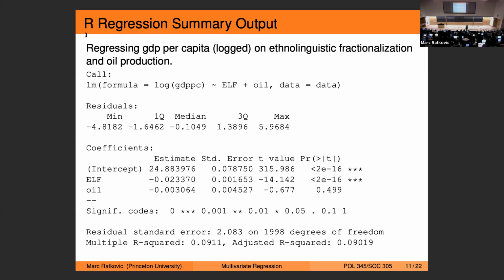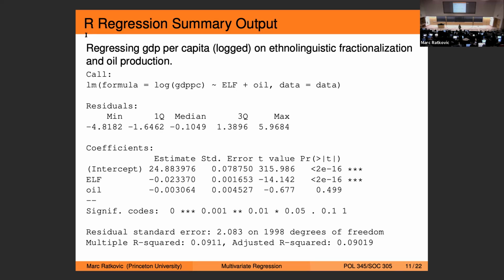The answer is that coefficient, negative 0.023370. So that negative 0.02 coefficient says if ethno-linguistic fractionalization were to increase by 1, we'd expect log GDP per capita to go down 0.02.